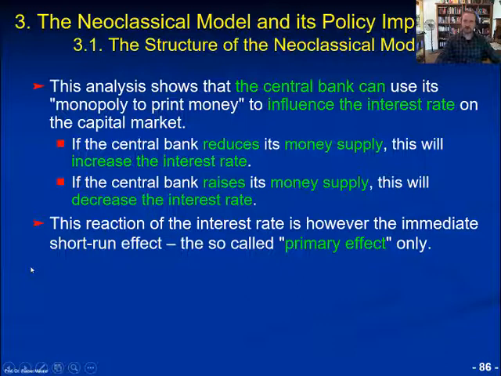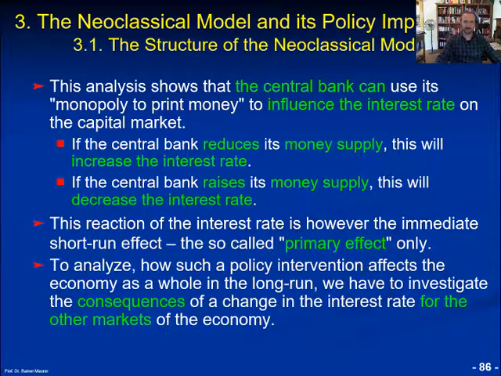This reaction of the interest rate is, however, the immediate short-run effect, the so-called primary effect. To analyze how much a policy intervention of the central bank affects the economy as a whole in the long run, we have to investigate the consequences of a change in the interest rate for the other markets of the economy too.